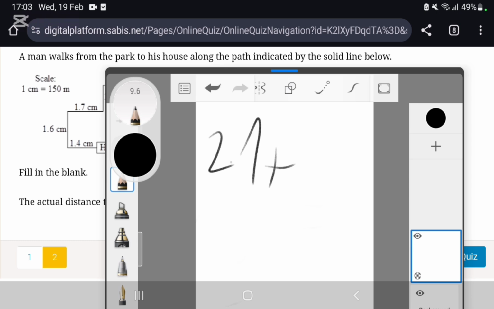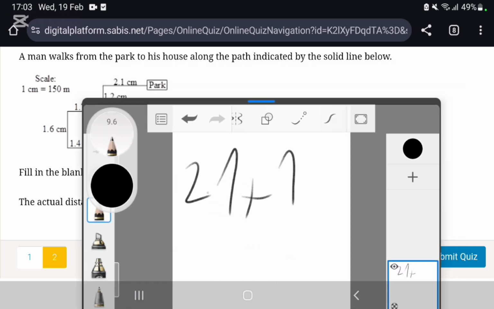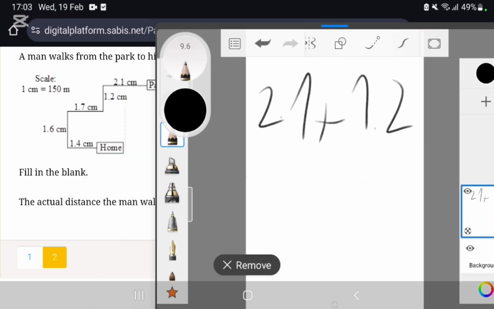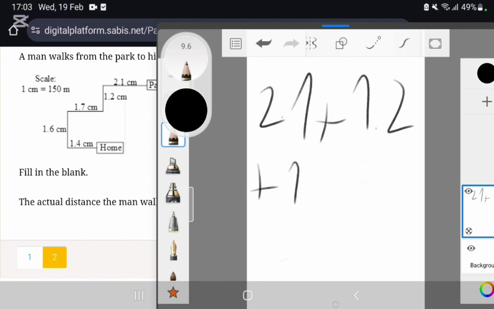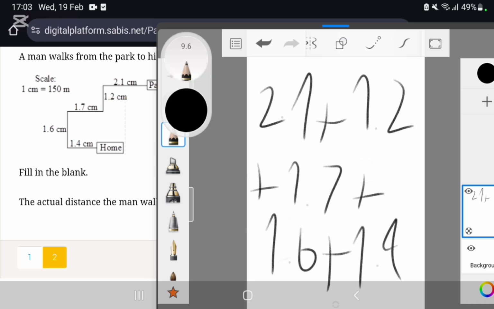So 2.1 plus 1.2 plus 1.7 plus 1.6 plus 1.4. So we're going to do that on the calculator. 2.1 plus 1.2 plus 1.7 plus 1.6 plus 1.4.